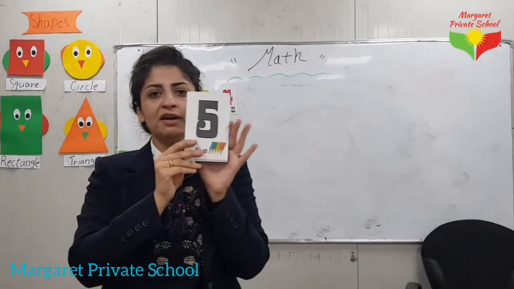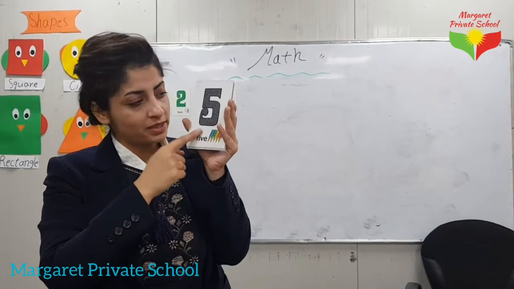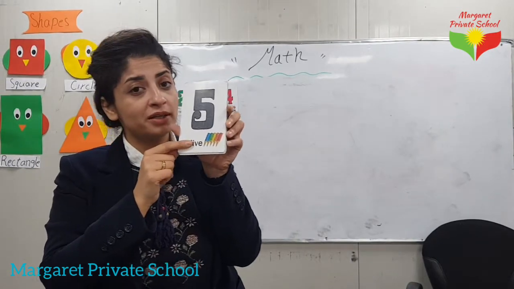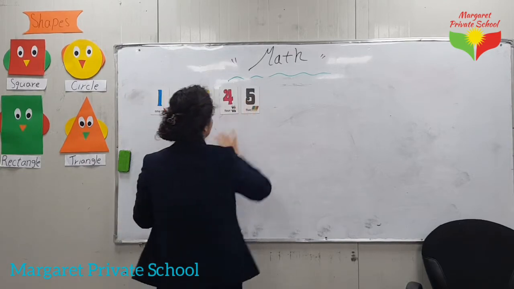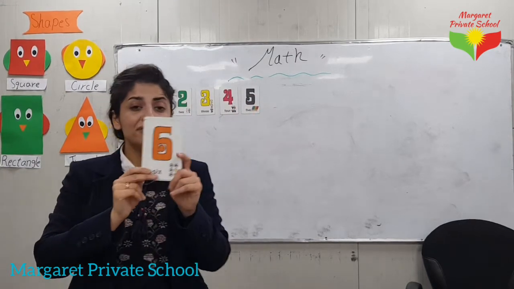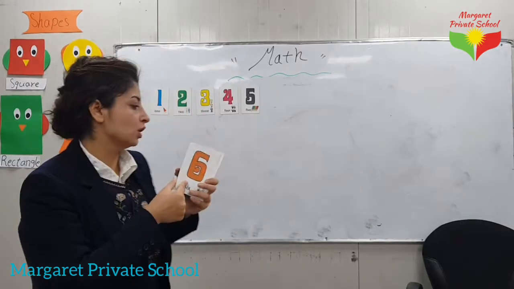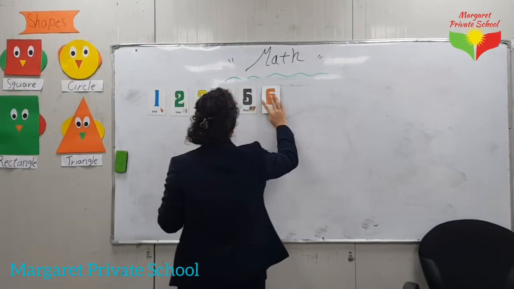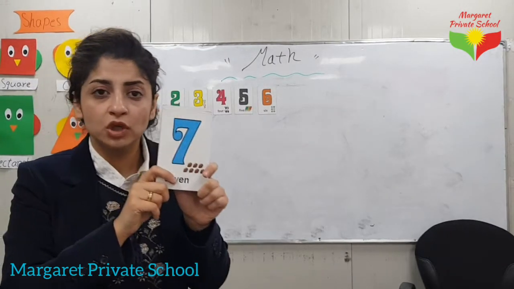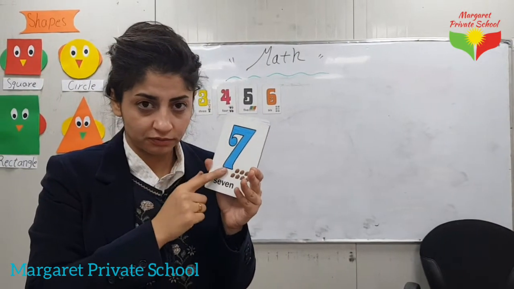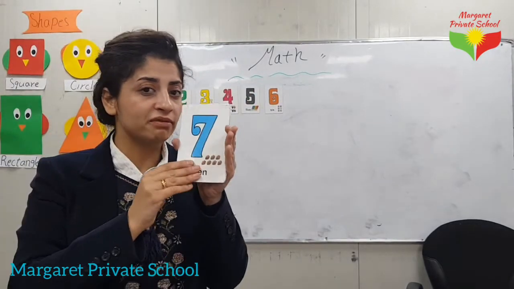After number four, we have number five. What's this number? This is number five. After number five, we have number six. After number six, we have number seven.